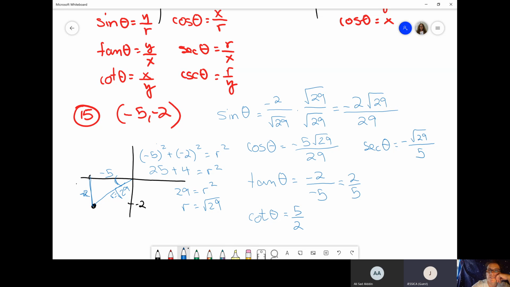And the cosecant is the reciprocal of the sine, which is square root of 29 divided by -2. So I'm going to put the negative here over 2. Here you go. Now we have all 6 trig functions.